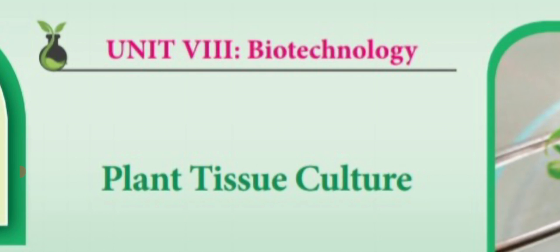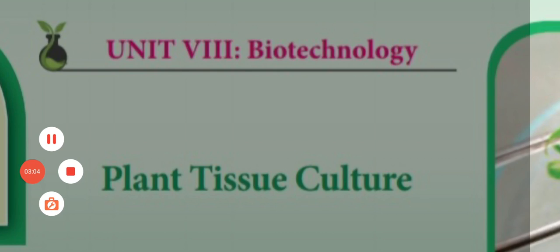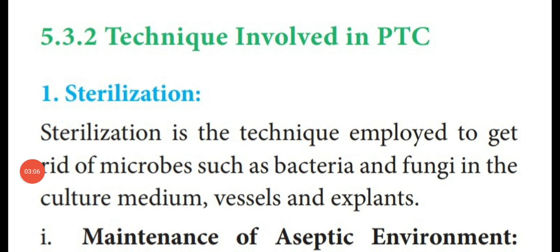Now in this video we are going to see the different steps involved in plant tissue culture. Dear students, in the previous video class, we have seen the basic concept of plant tissue culture.